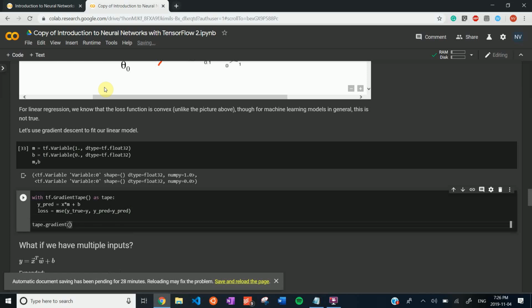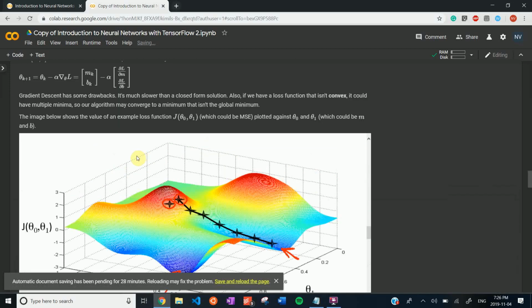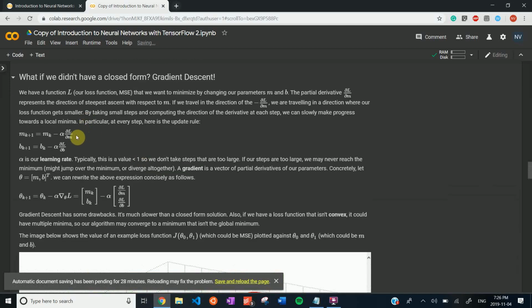And now we can take the gradient with respect to the loss. Oh, I should probably explain what a gradient is. I talked about partial derivatives, and we have this loss function. We're taking the derivative with respect to the parameter. A gradient, which I'm going to denote by this nabla L, is basically a vector of partial derivatives.